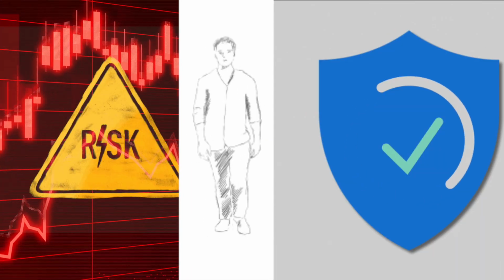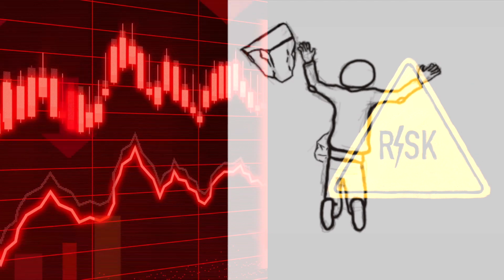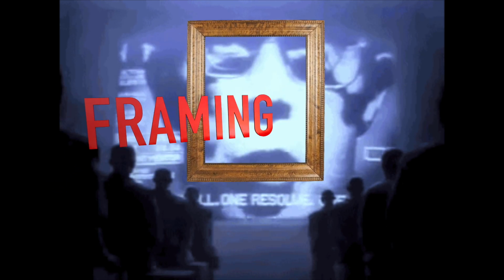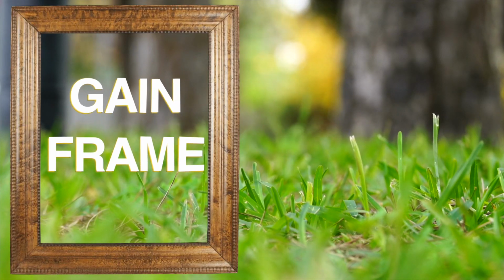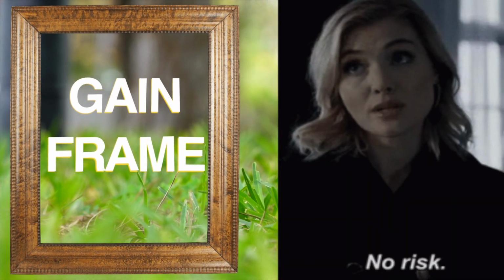So Daniel Kahneman and Amos Tversky and Richard Thaler, along with other researchers, proved fair and square that we can easily be nudged towards making irrational, riskier decisions. One way our decisions can be influenced is called framing. If the options are described or framed in terms of possible gain, we are more likely to choose a risk-averse option.